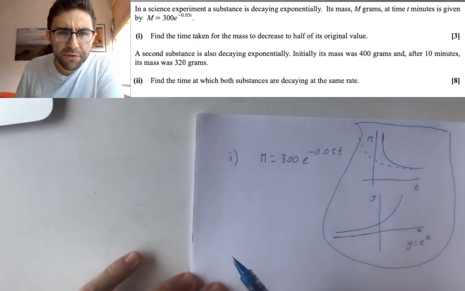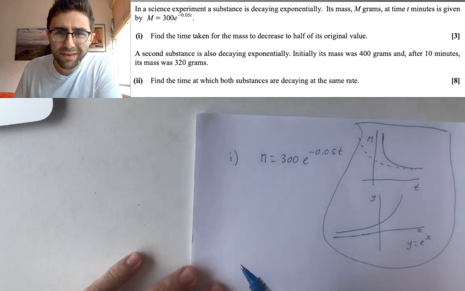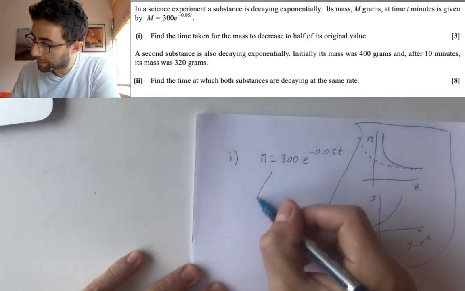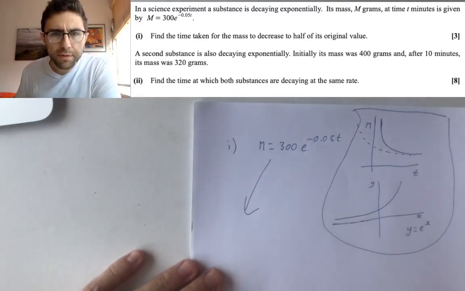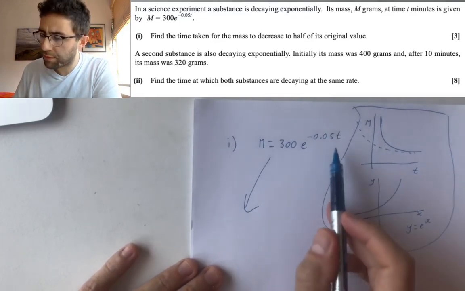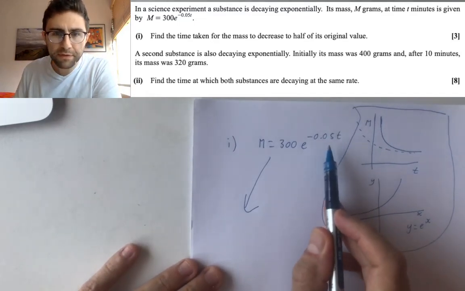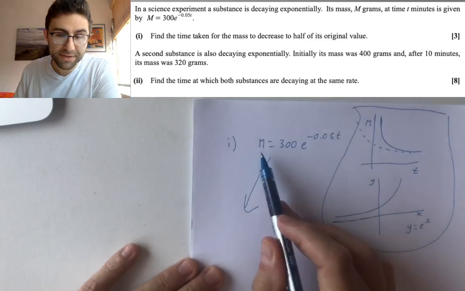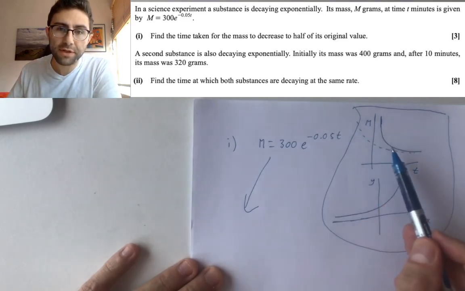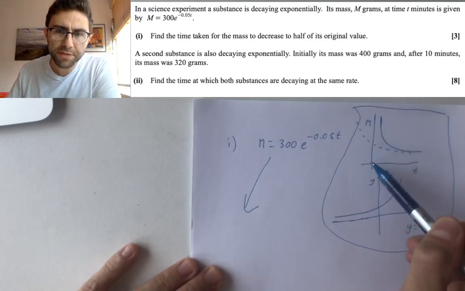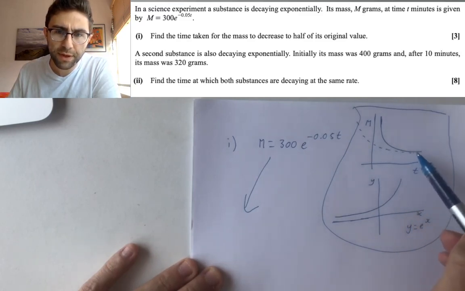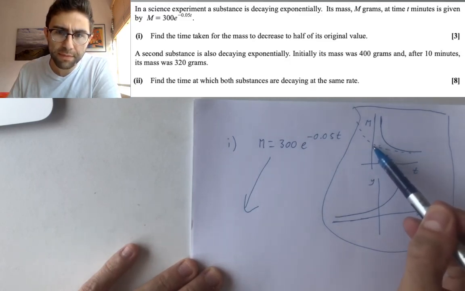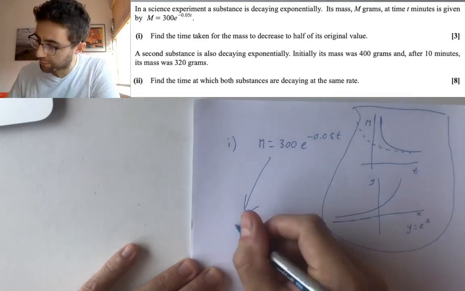Find the time taken for the mass to decrease to half of its original value. So something is decaying. If I put in the time here, it's going to give me out its mass. It's going to have some initial value, at t equals 0.